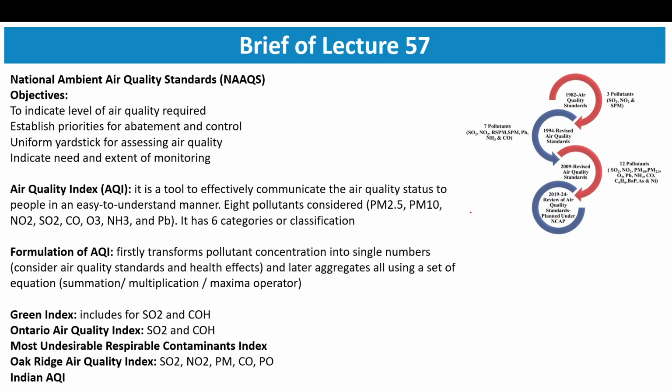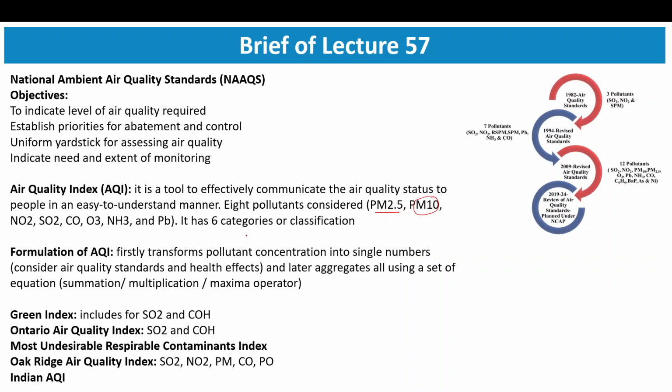So air quality index, it includes eight pollutants: particulate matter 2.5, which is PM having size less than 2.5 microns, around 10 microns, NO2, SO2, carbon monoxide, ozone, ammonia, and lead.